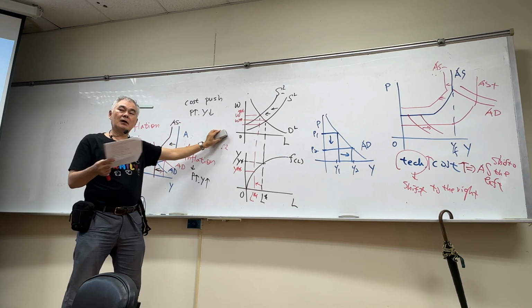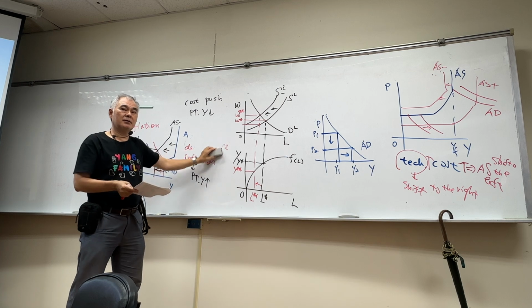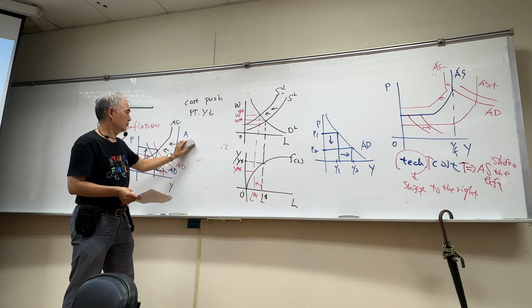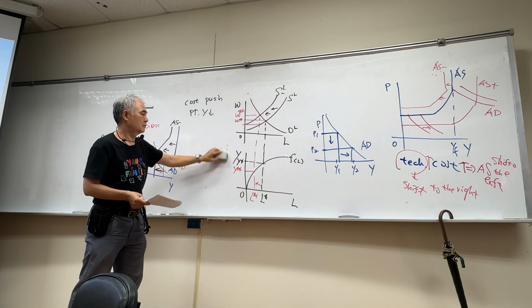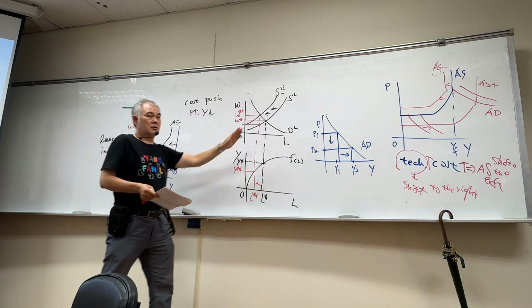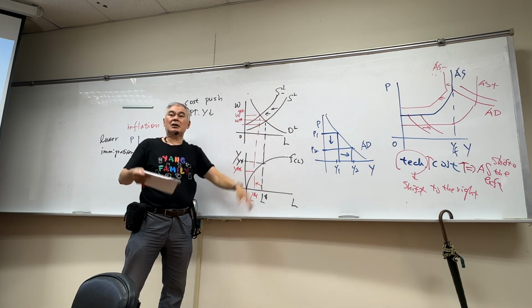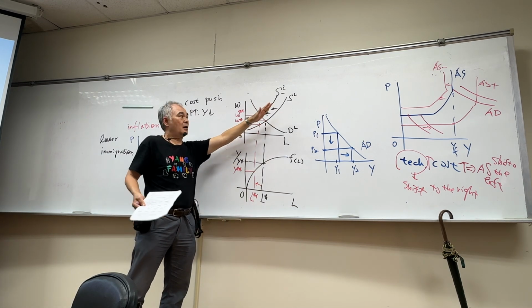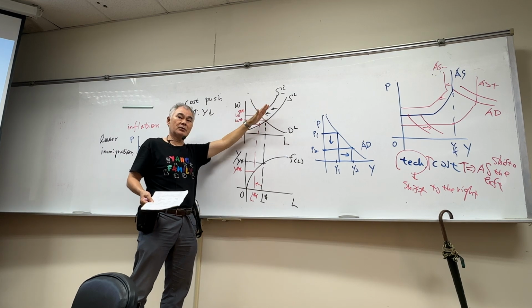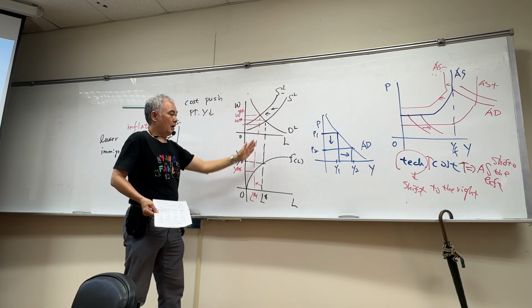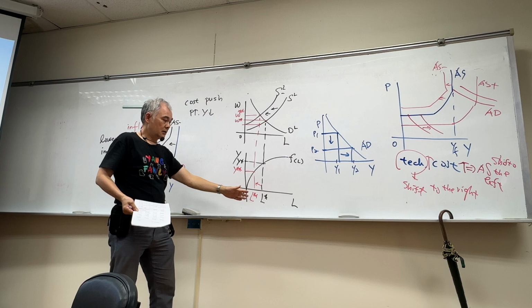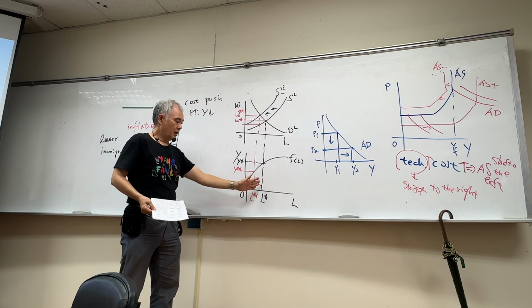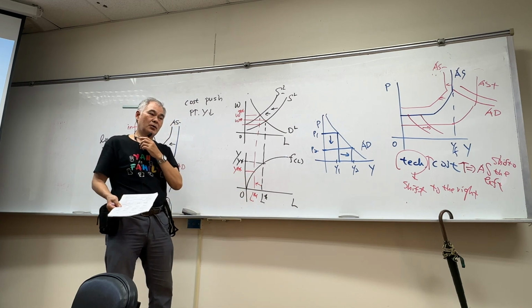What is the impact of this policy on aggregate supply? Supply of labor, because you kick a lot of migrants out, right? So supply of labor goes down, shifts to the left. And this is the production function, and so now you have a new equilibrium at this point.